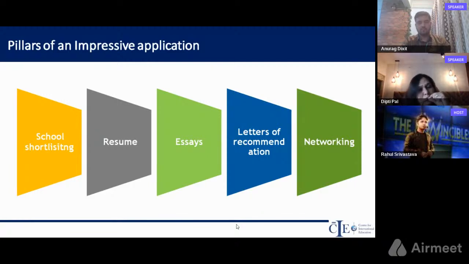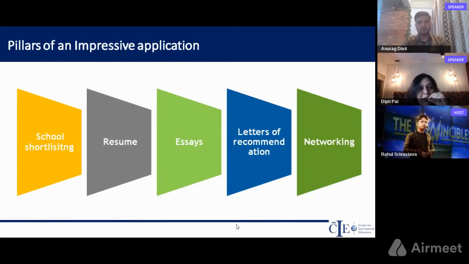Once you have the schools in place and the shortlisting is done, and you know that they have specific deadlines to follow, that's the time you begin your resume building. Then you also identify the application requirements, that is, whether a statement of purpose or admission essays are required. That's the time you start brainstorming and putting these essays in place.